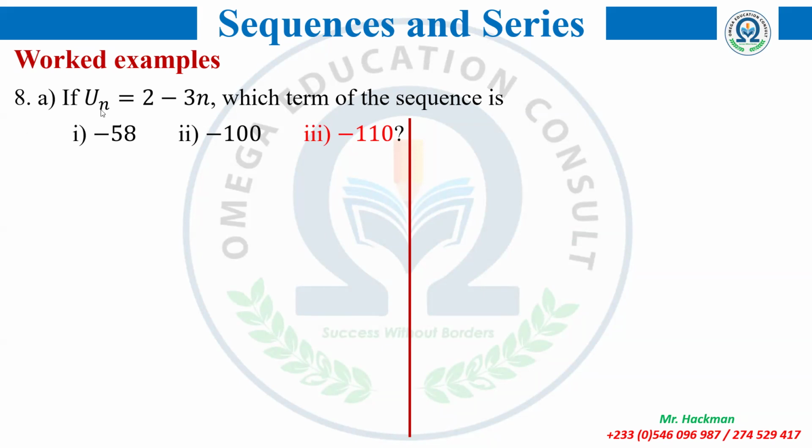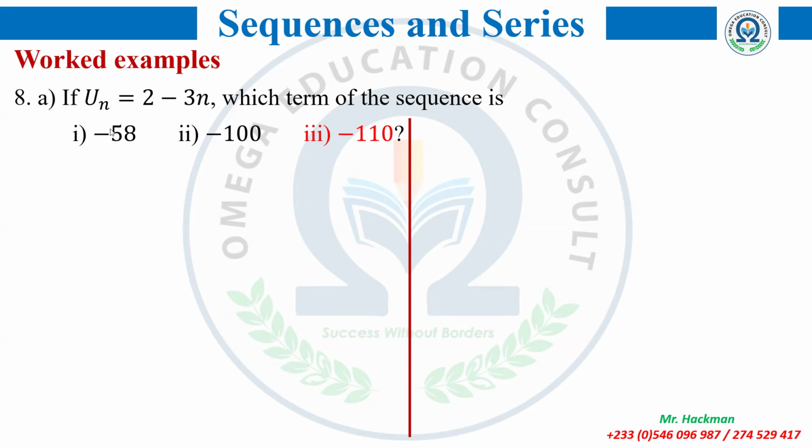Here we've been given some n is equal to this, and we are asked which term is this. All that you need to do, anytime you are given the nth term and you are asked to find which particular term will give you a particular value, is to assume the number you have here is the last term.